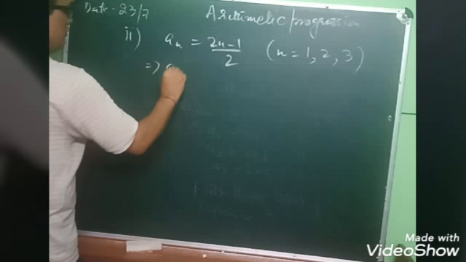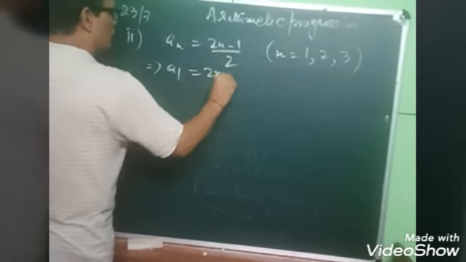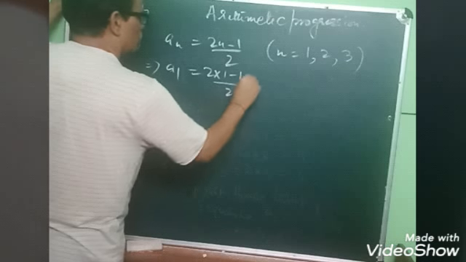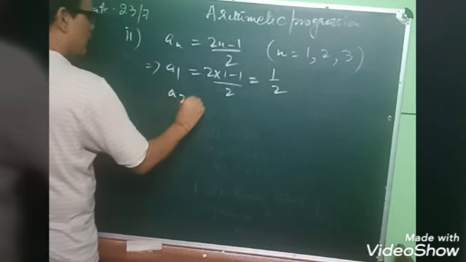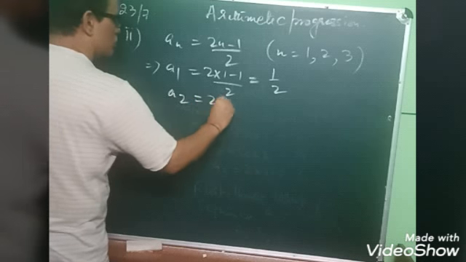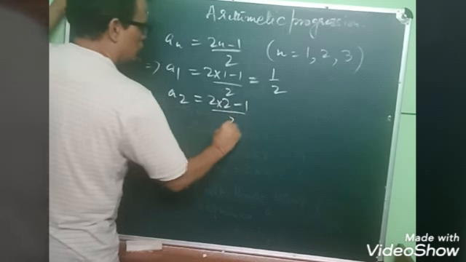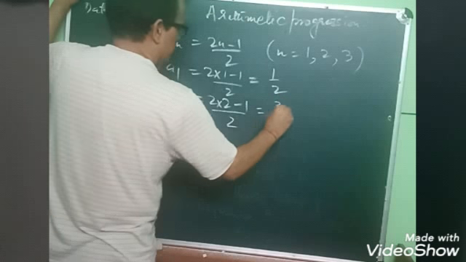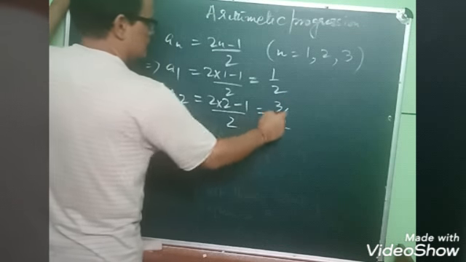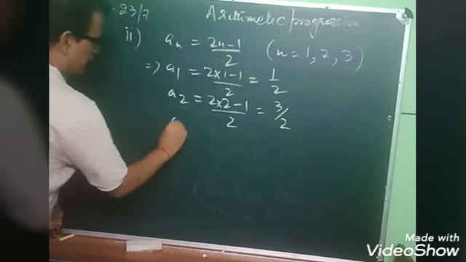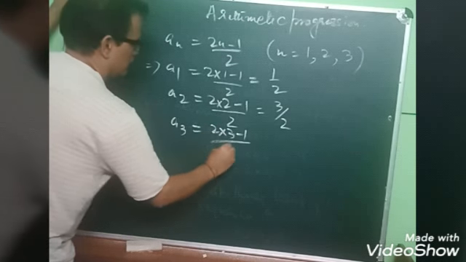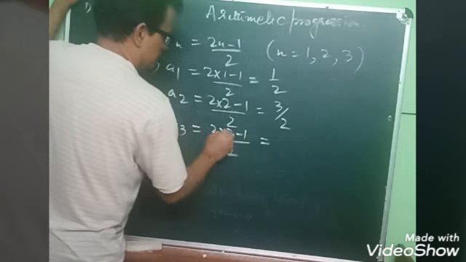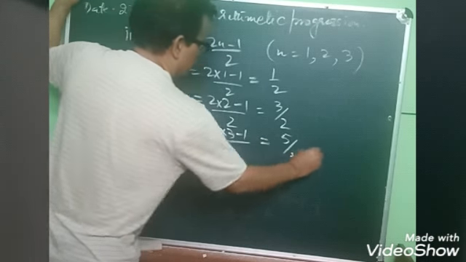This implies a1 is equal to 2 into 1 minus 1 upon 2, that is equal to 1 upon 2. a2 is equal to 2 into 2 minus 1 upon 2, that is equal to 3 by 2, because 2 times 2 is 4, minus 1 is 3. And a3 is equal to 2 into 3 minus 1 upon 2, that is 6 minus 1 is 5 by 2.